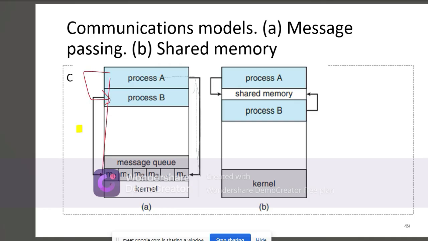The message stays in a message queue, and when process B gets that message and wants to reply, only then can process B send a message to process A. So this is the model of message passing.